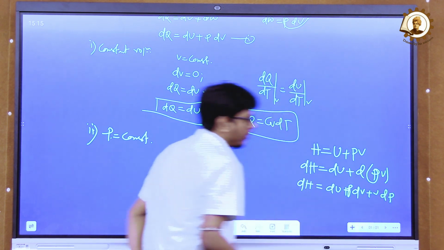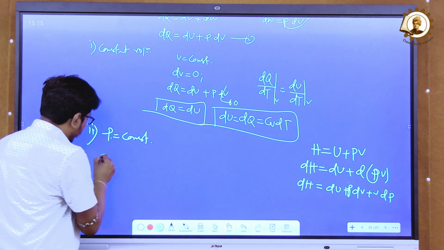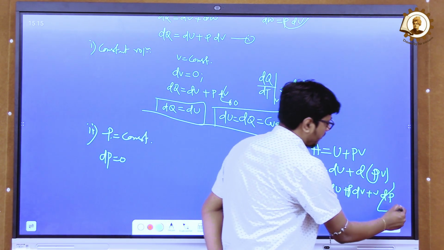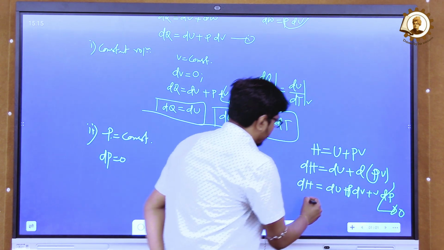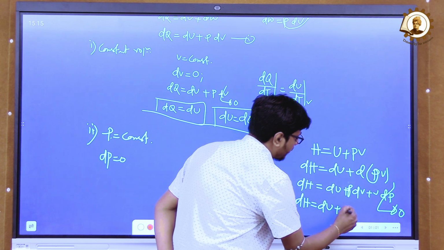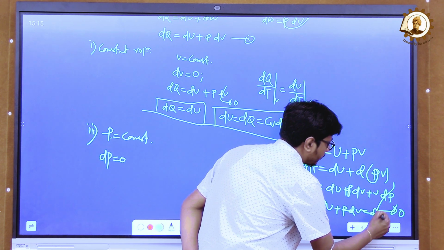Okay. Now, for the constant pressure process, again dP equal to 0. So, we can eliminate this term. Okay. So, the equation becomes dH is equal to dU plus PdV, that is equal to also delta P.